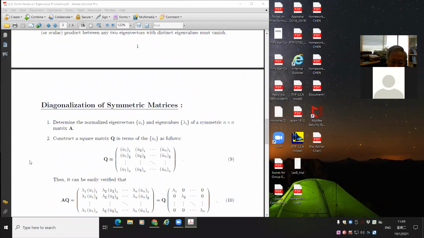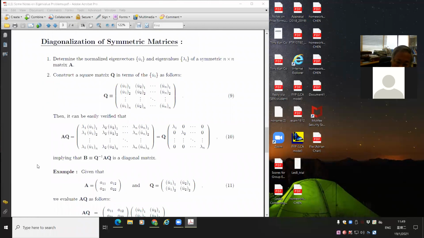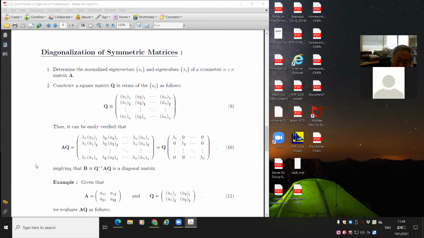Now, if we are given a matrix A and we want to diagonalize this matrix, then what should we do?